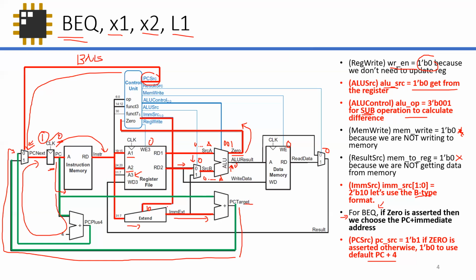If it's not taken, I have to use PC plus 4. It's that simple. Okay. So again, what's the key thing to remember here? All you have to do is remember which sources are important, which signals are important, how do I control them, and how do I set the control signals appropriately. All right, it's that simple. So that's for branch equal to instruction.